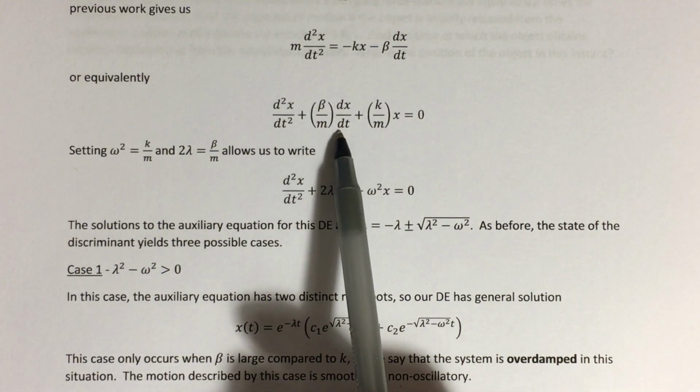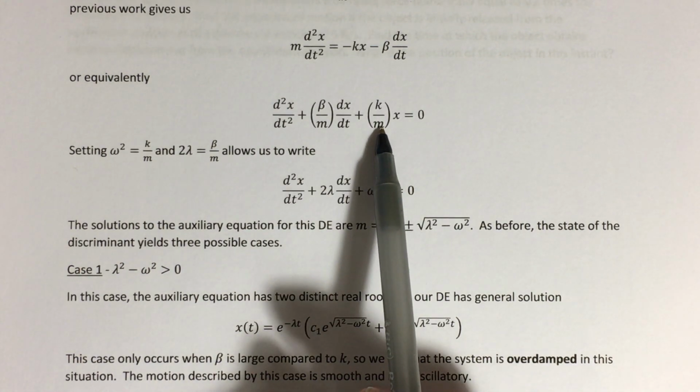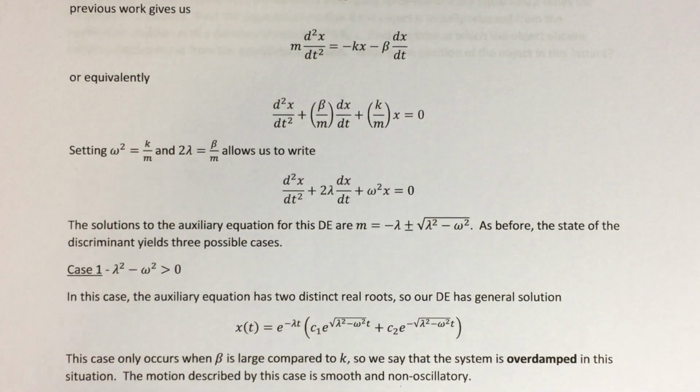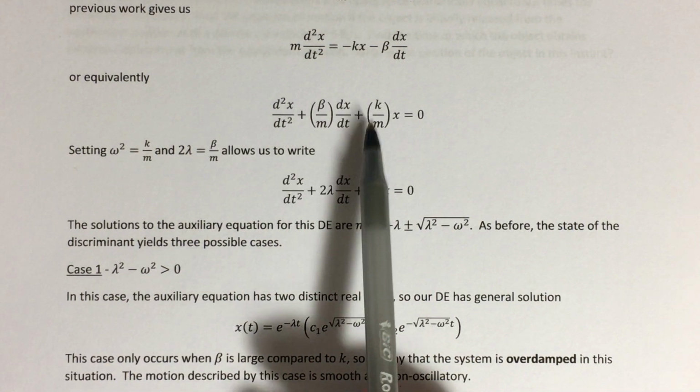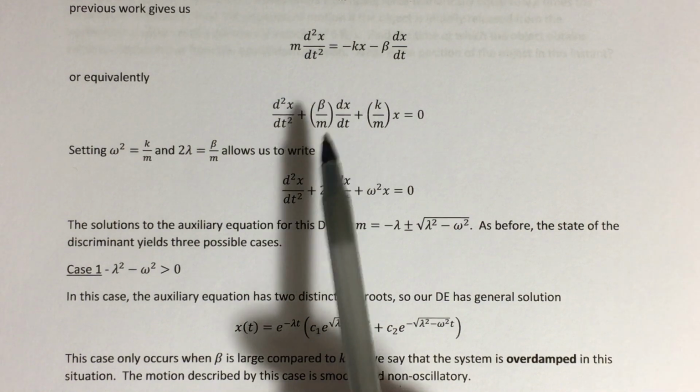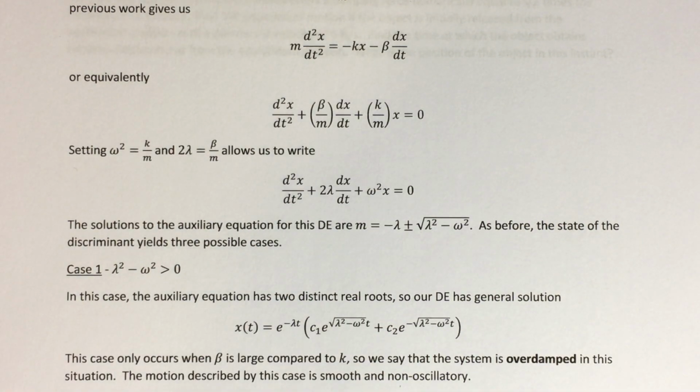Previously, when we didn't have that first-order term, and we also knew that this coefficient was positive, we only had one case to consider. We only needed to solve one case of that homogeneous equation. But it turns out that by including this first-order term here, we now have to break this down into three cases. And it's the exact same three cases that we looked at in section 4.3.